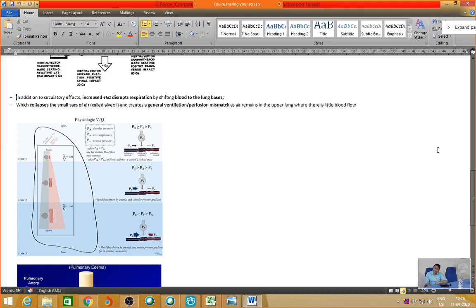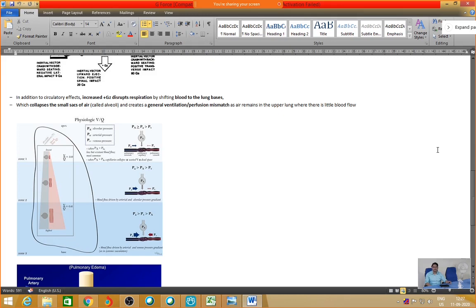This particular discrepancy in the pattern between ventilation and perfusion may be augmented or enhanced with changes in the G or the gravitational pull. So you are supposed to know what the ventilation perfusion mismatch is. If there are changes in the G forces, then smaller air sacs tend to collapse. Why?